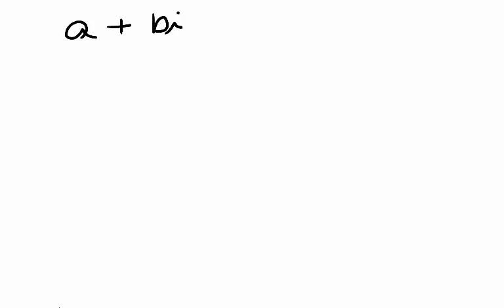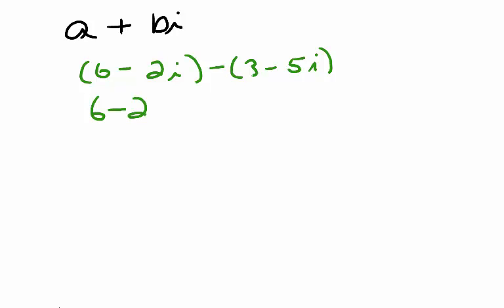For example, suppose you were asked to subtract 6 minus 2i minus 3 minus 5i. We would start by rewriting the problem without parentheses, distributing negatives where necessary. So we would have 6 minus 2i minus 3 plus 5i.